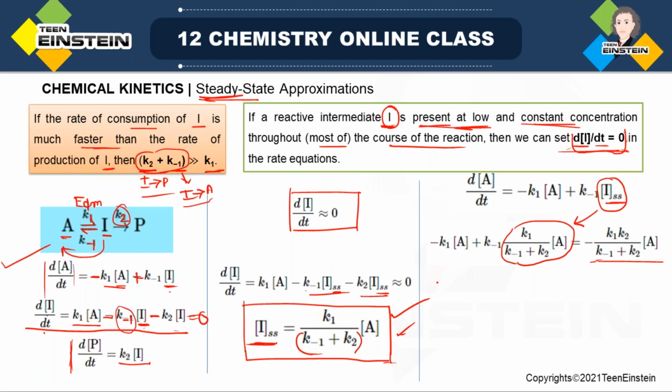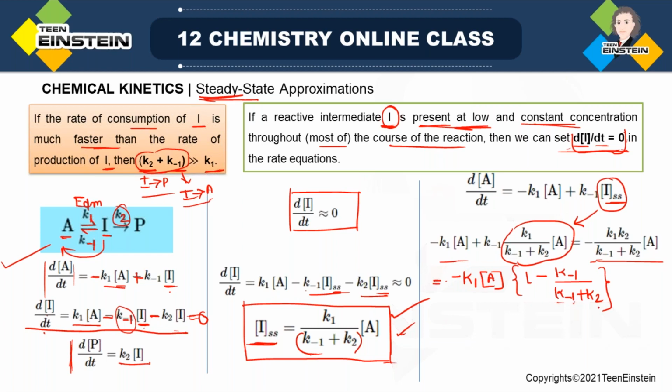Just look at this expression. Suppose I am taking minus K1A common. Inside the bracket, what will we have? 1 minus K inverse 1 upon K inverse 1 plus K2. Is there any doubt?